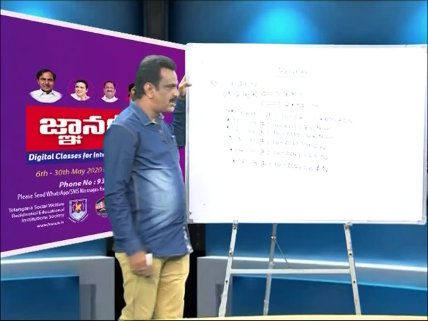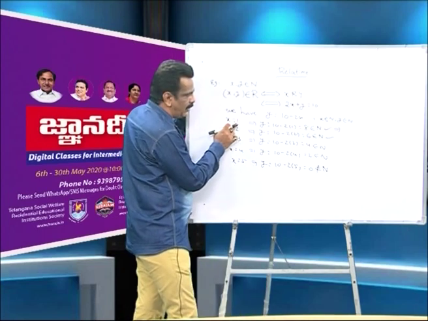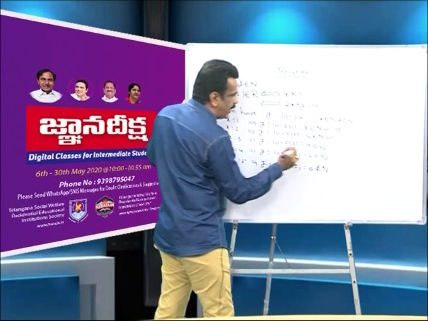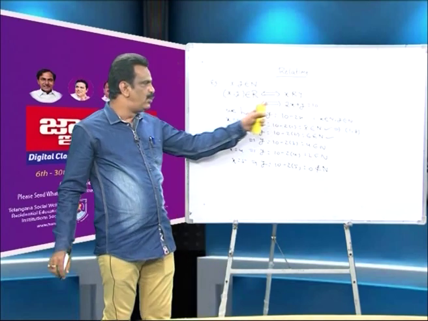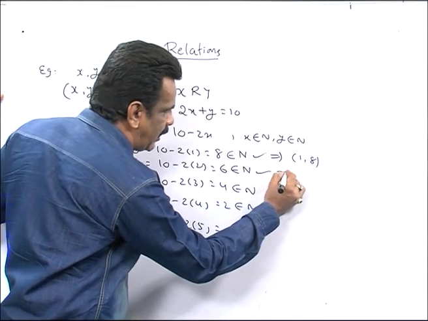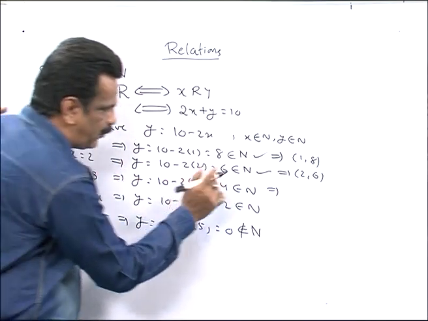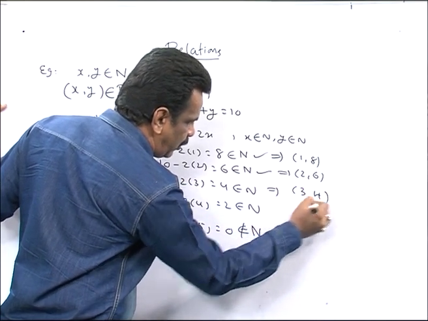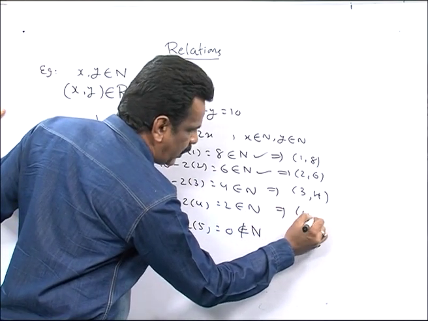And hence we can now form the pairs. In this case, x equal to 1, the corresponding y is 8, and hence 1 comma 8 are connected under the relation 2x plus y equal to 10. Next, 2 comma 6 are connected. Next, 3 is connected to 4, so 3 comma 4, and then 4 is connected to 2, so 4 comma 2.